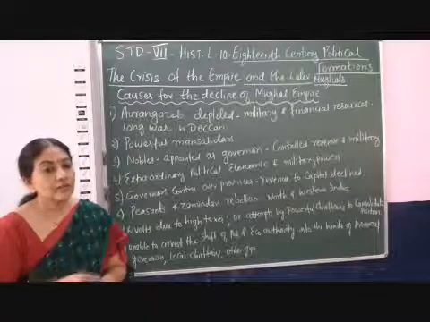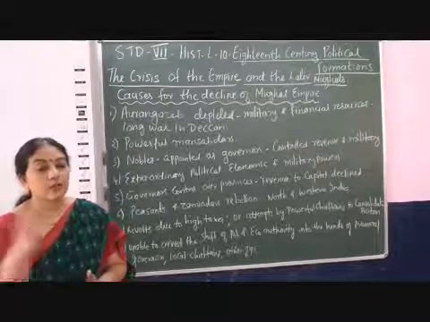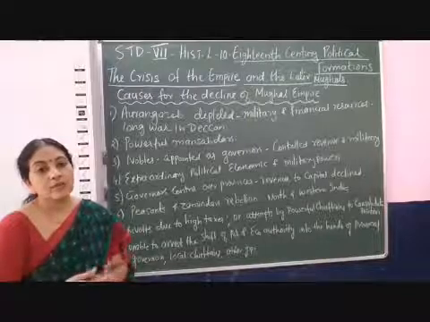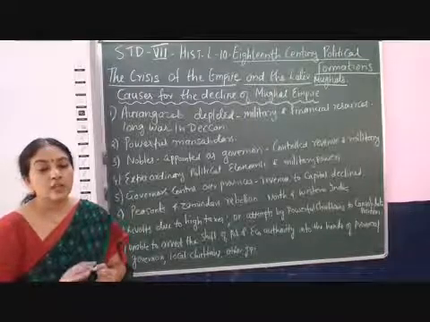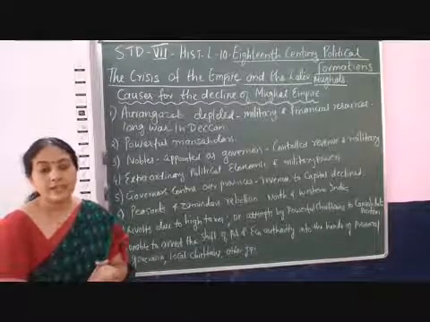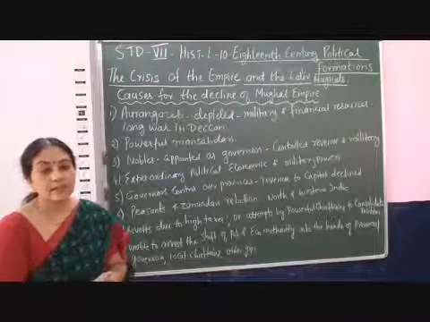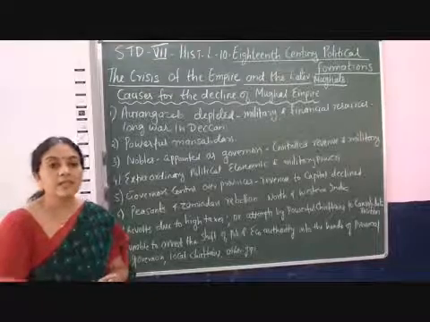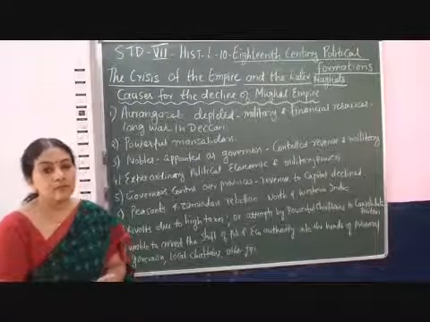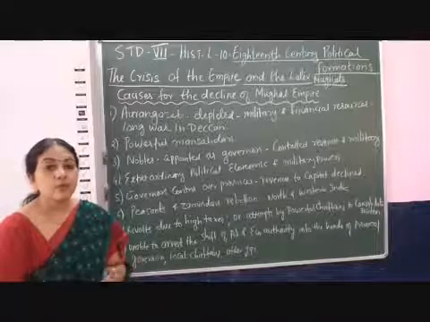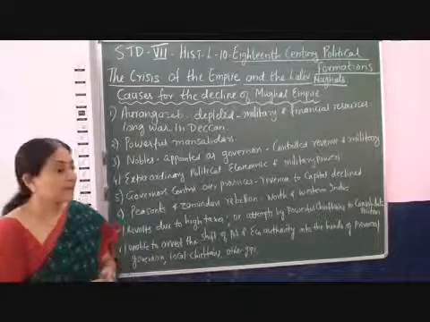The work of Diwani and Faujdari was also taken up by these governors, and so when military, economy and politics, everything came into the hands of these governors, they became more and more powerful. So these provincial governors' power became more than the Mughal rulers' power.